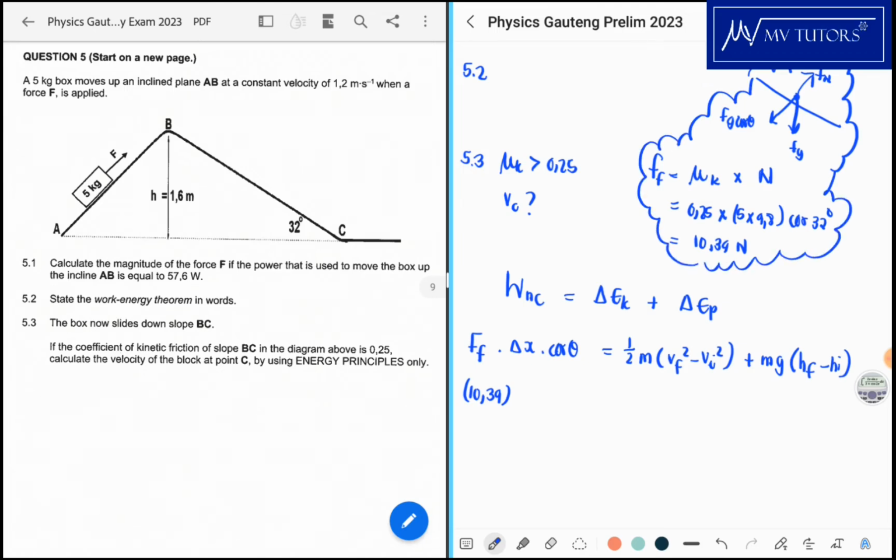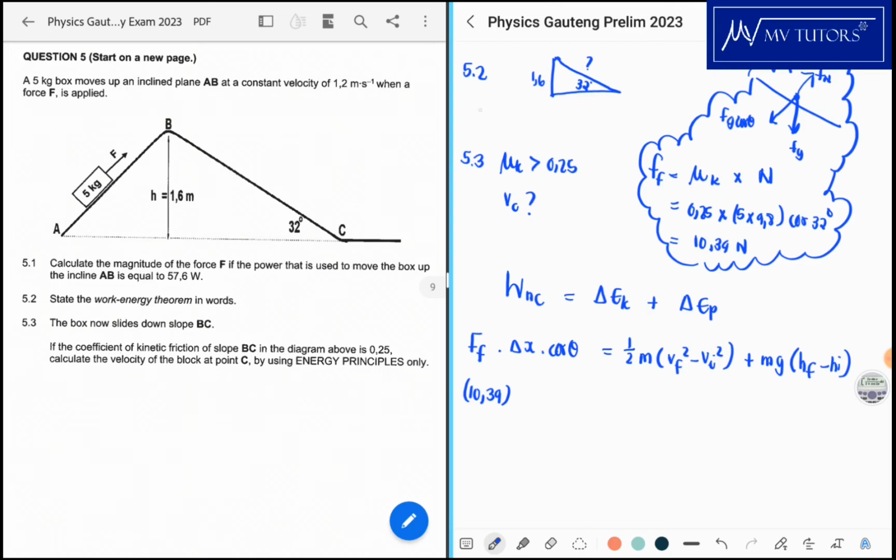You'll write it out nicely in your workbook. But if we get the length of BC, we're going to have to use Pythagoras. No, not even Pythagoras. We're going to use our trigonometric expression. So we have 1.6 over here, 32 degrees, and we're looking for the hypotenuse.